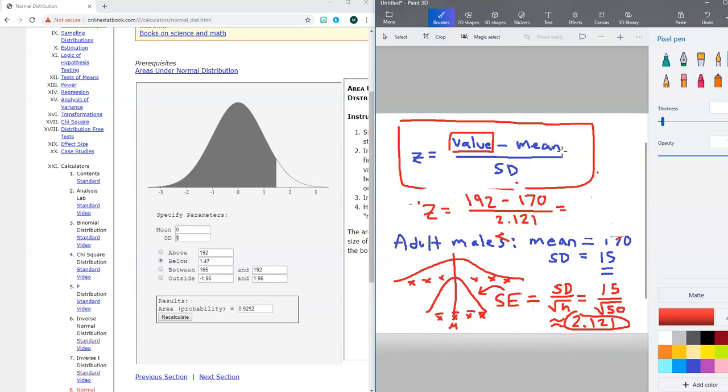And let me put that in the calculator. All right, I am now getting a z-score of 10.372 roughly, or really 10.37. Okay, what that means is 192 for a sample mean would be way out there on the bell curve.